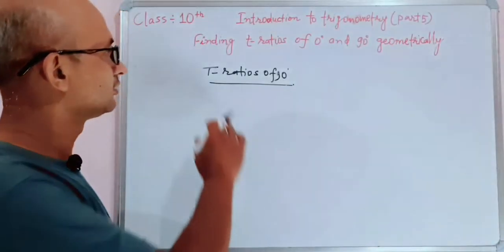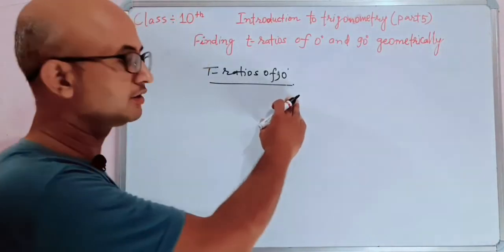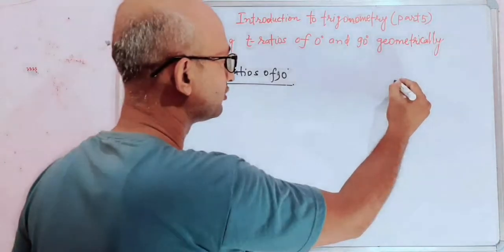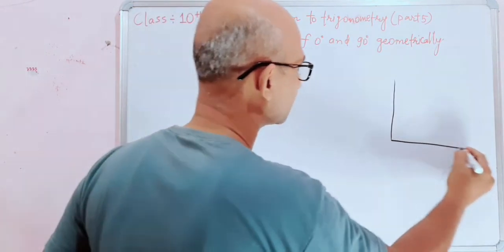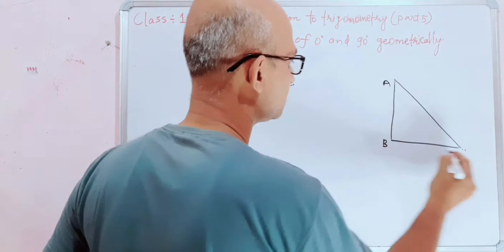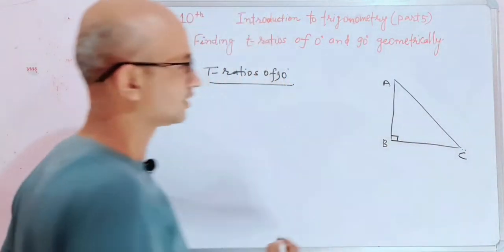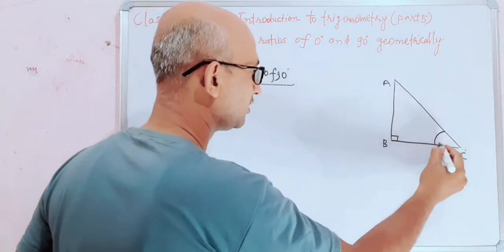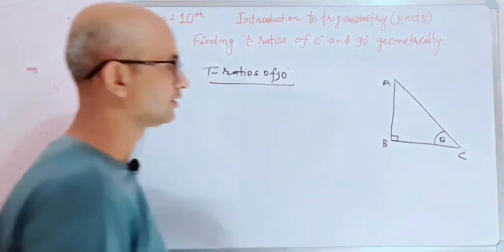Now we find trigonometric ratios of 90 degree. Again, we draw a right angle triangle ABC in which angle B is 90 and we take angle C as theta.